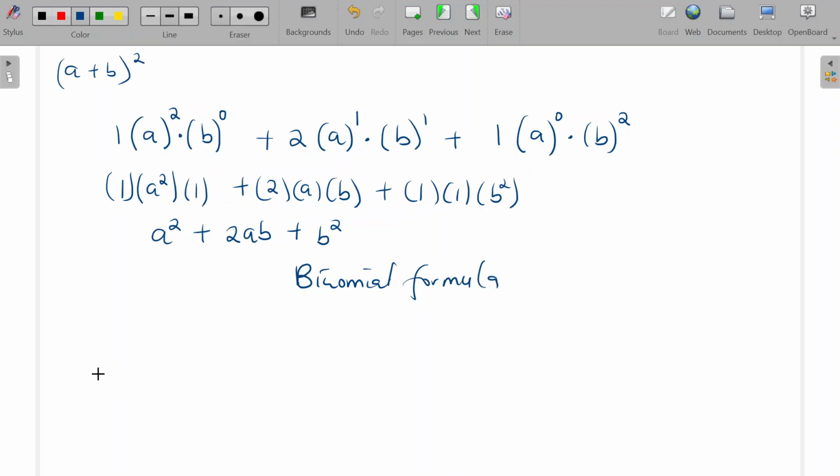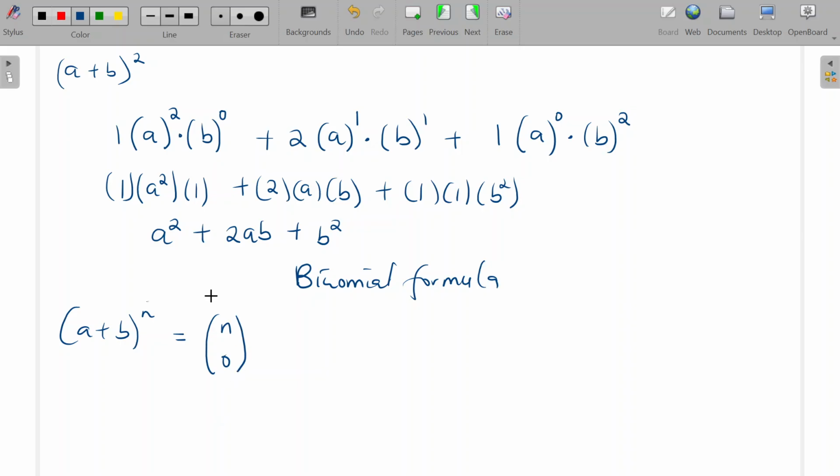Using the binomial formula, for example, when you have A plus B to the power n, you're going to say this is equivalent to, you get the n, the power, you say n combination 0, you start from 0.